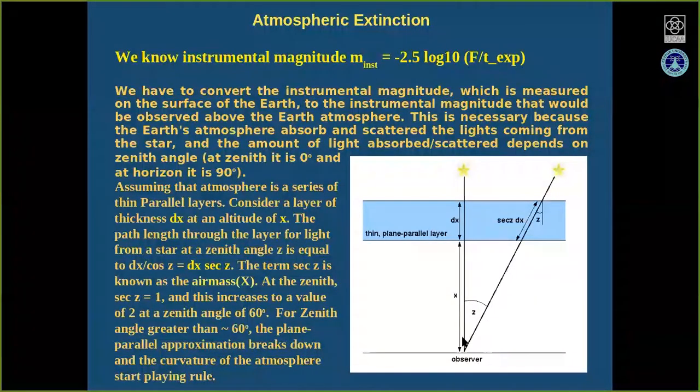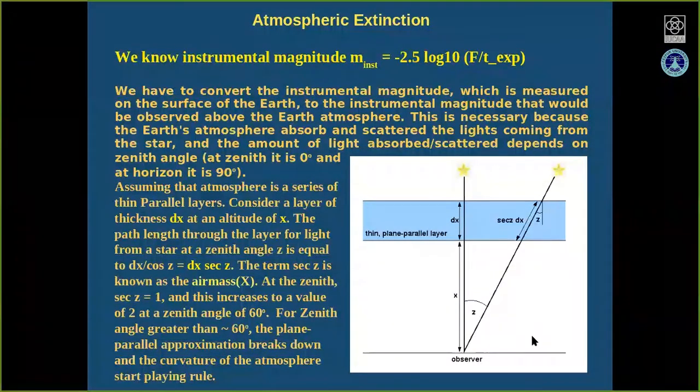The value of the zenith angle at your zenith is 0, and at your horizon it is 90 degrees. So the angle increases from zenith towards the horizon.